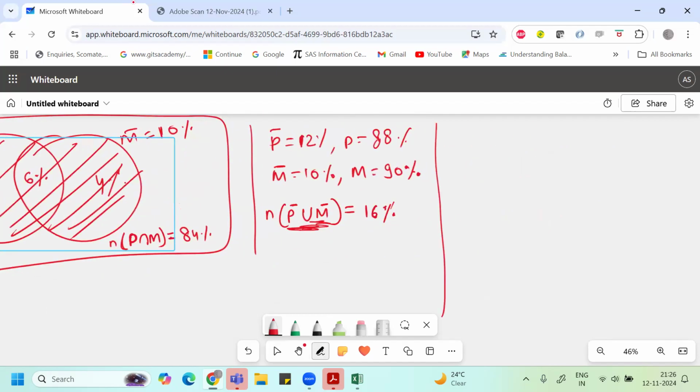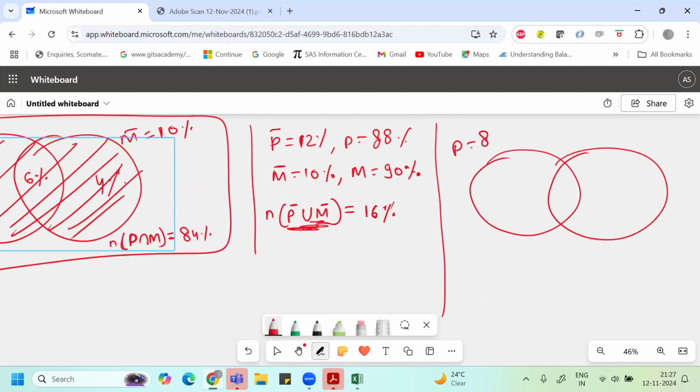Okay, and if you see this, the total number of students who passed in physics is 88, and the total number who passed in maths is 90.